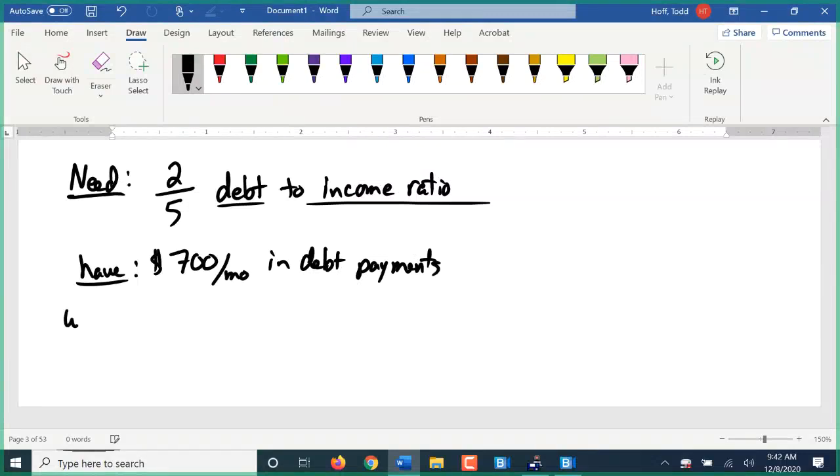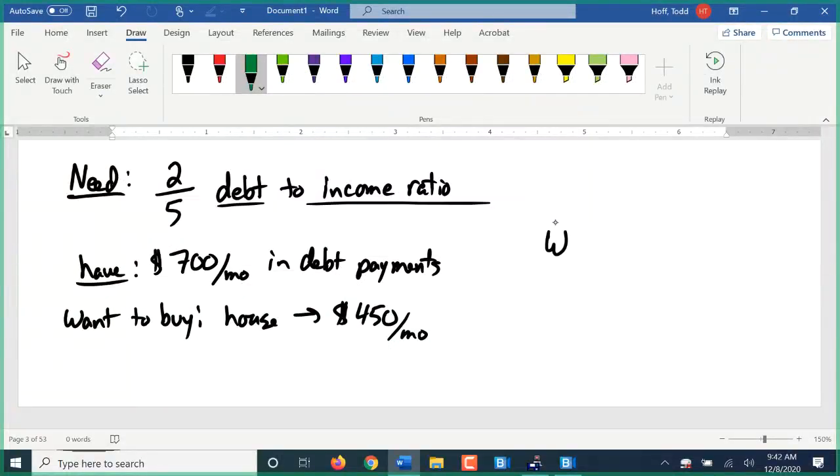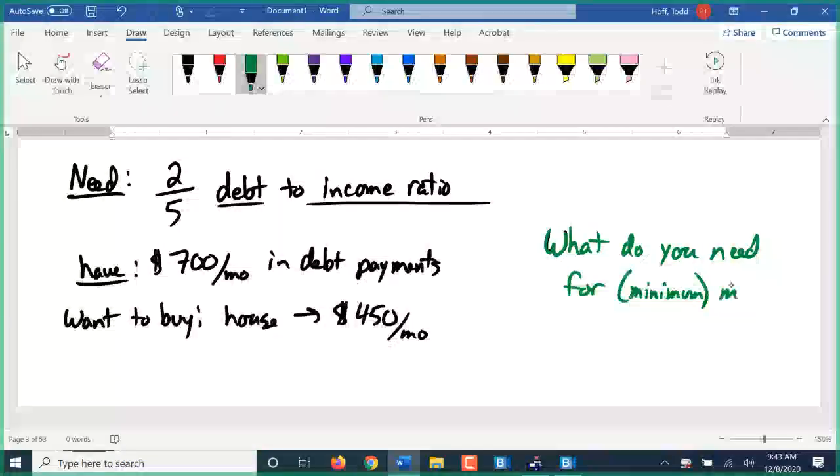You want to buy a house, that would be $450 a month in payments. What do you need for minimum, really, monthly income?